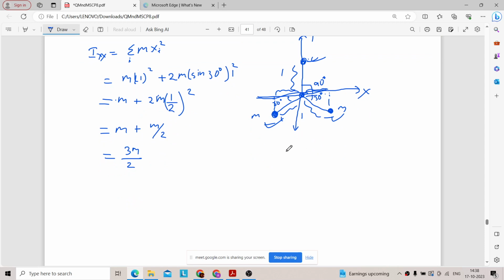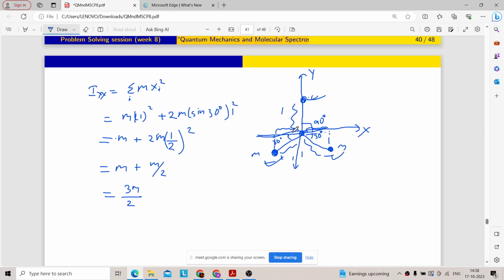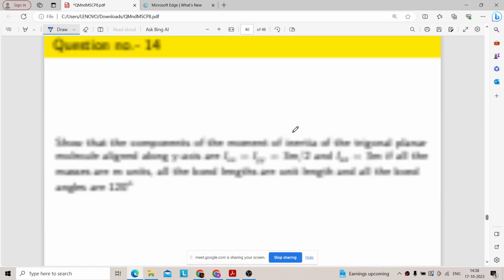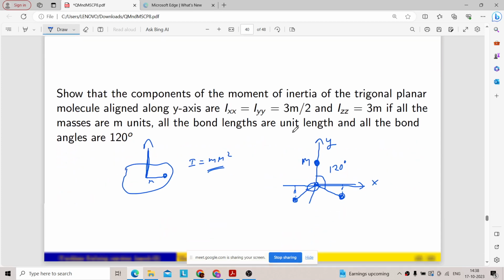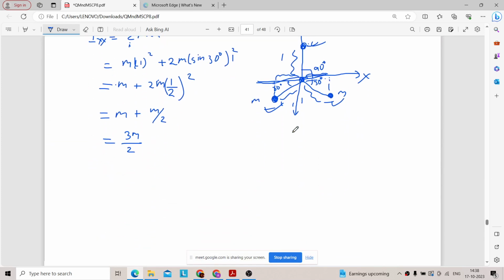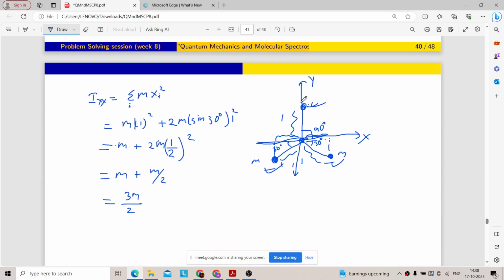Now if I calculate along the y-axis, what will happen? I need to consider this axis.